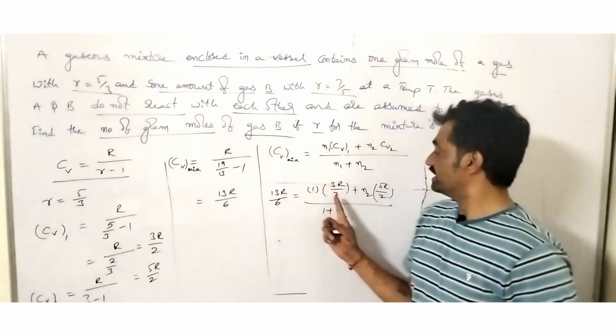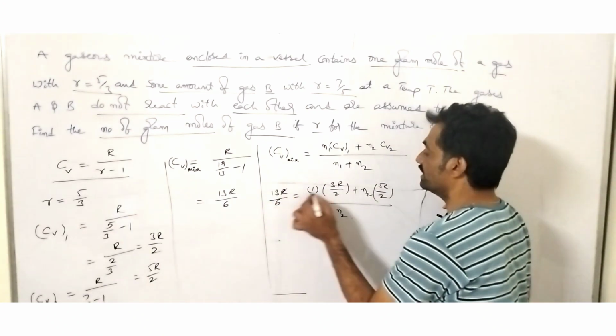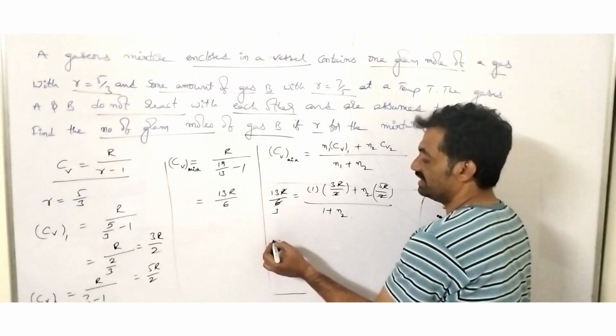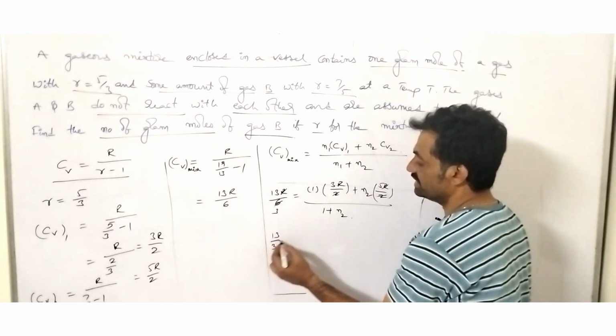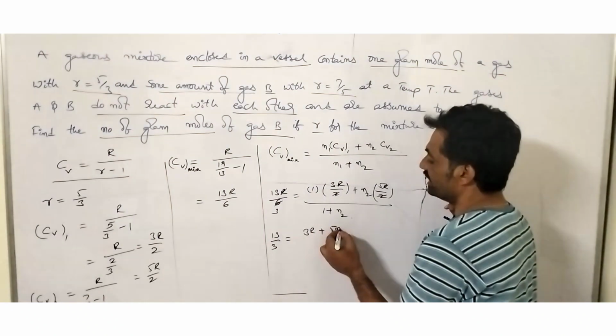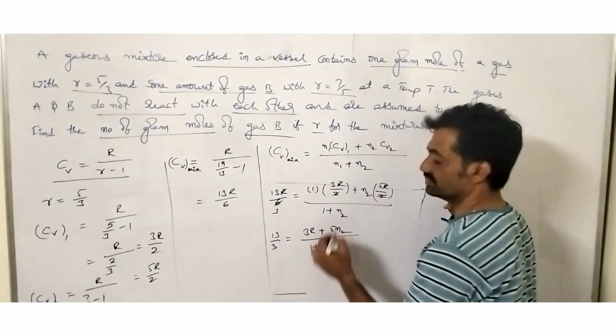Observe that we can take R by 2 as common from these two terms. So R as well as R gets cancelled and 2 gets cancelled, so we get 13 by 3 equals 3 plus 5N2 by 1 plus N2.